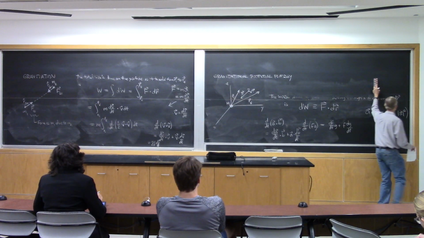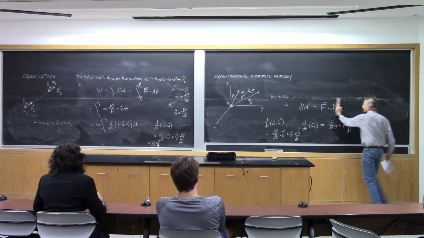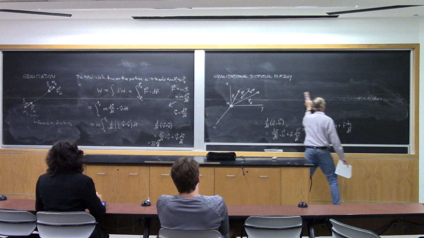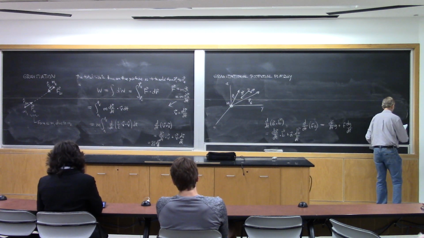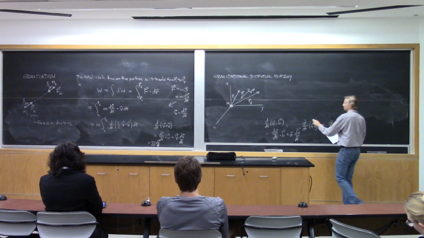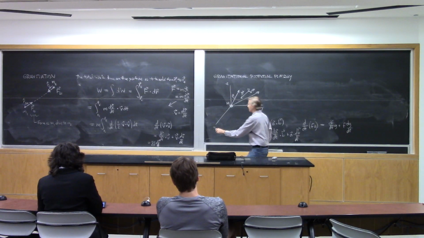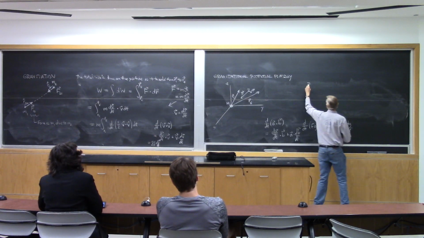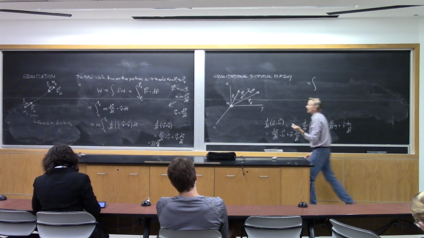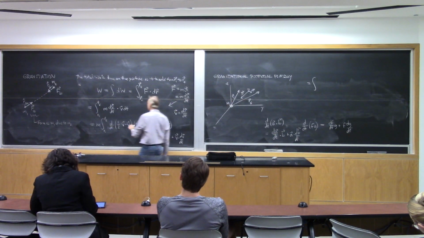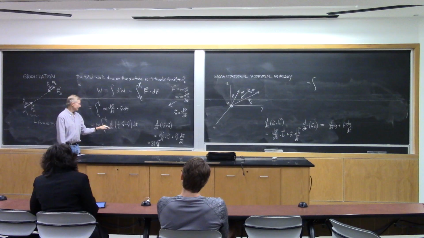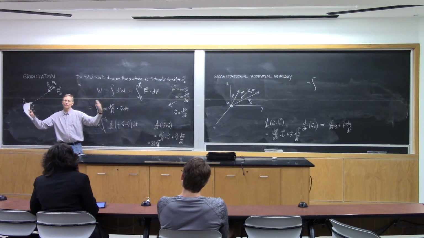So what I'm saying is my next step would be, I'm going to say it's equal to, now I'm going to change it from a t integral to a v integral because d/dt of something dt is d of that something.